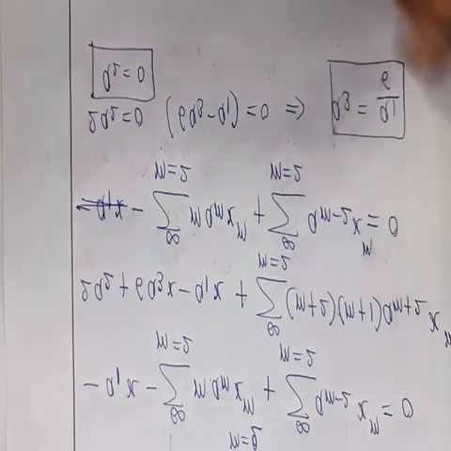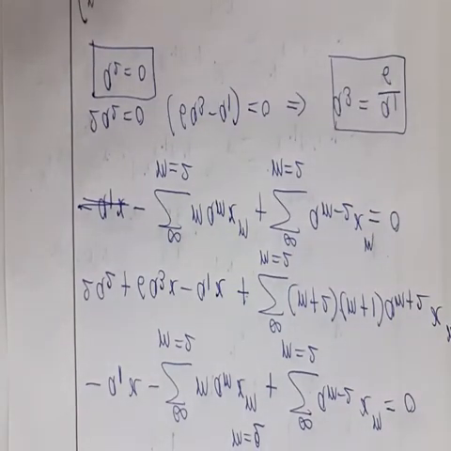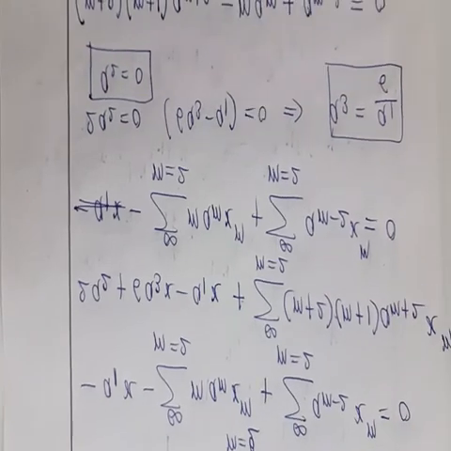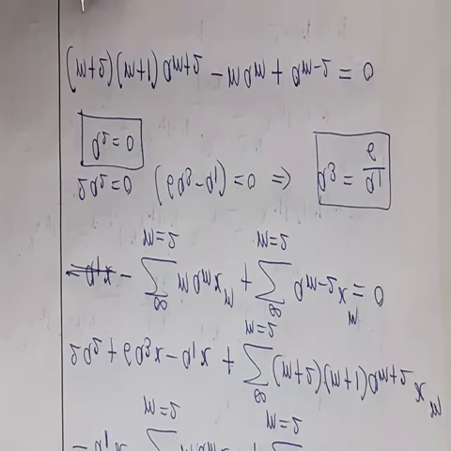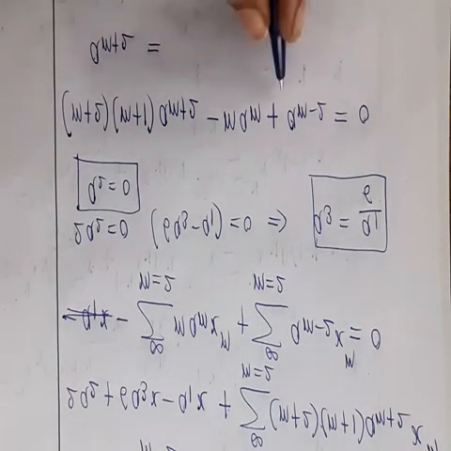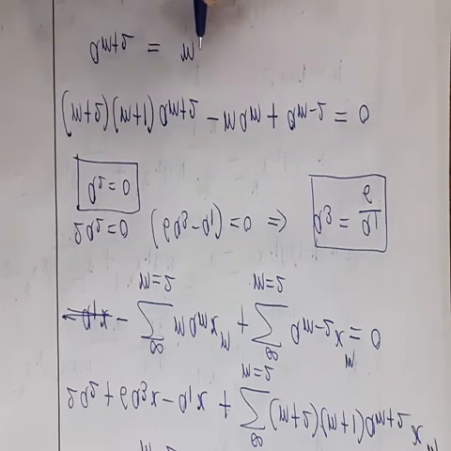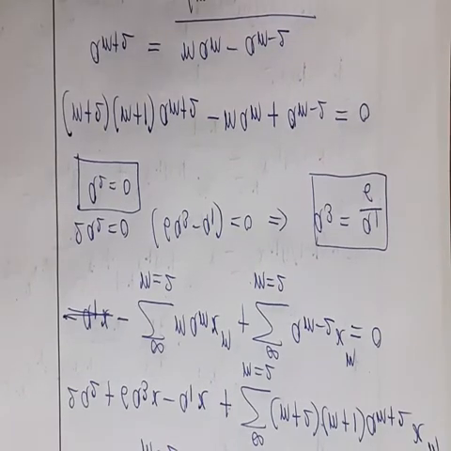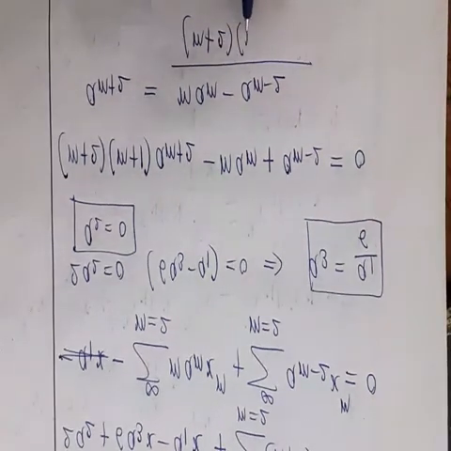Next, equate the coefficient of x to the power m also. The first coefficient is (m plus 2)(m plus 1) a of m plus 2, the second coefficient is minus m a m, and the third coefficient is plus a of m minus 2, and we equate it to 0. So a of m plus 2 is equal to (m a m minus a of m minus 2) divided by (m plus 2)(m plus 1).